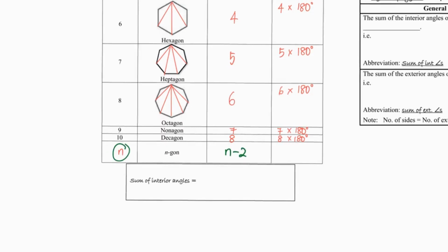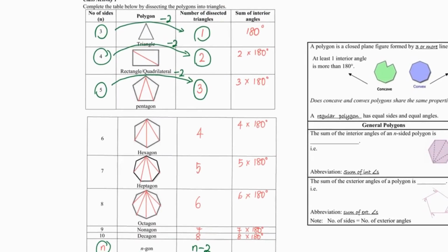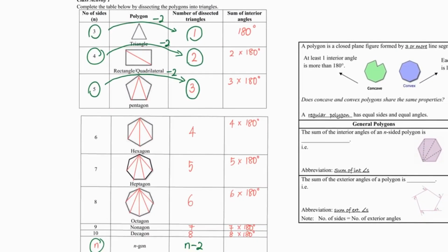And the next thing you need to see is, how do we get the sum of the interior angles? If it is 1, it's 180. If it is 2, 2 times 180. So if it is 3, 3 times 180.